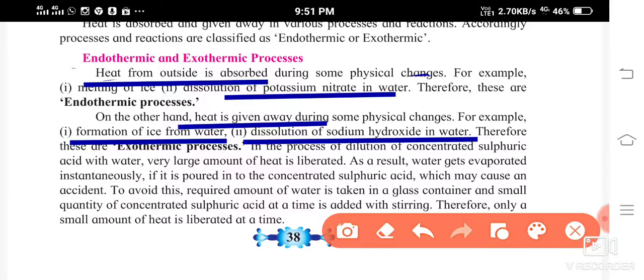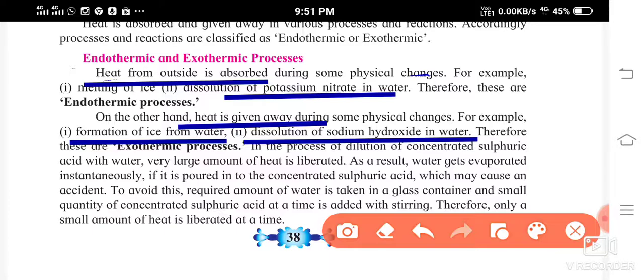When you add water to sodium hydroxide in a test tube, you will observe that the test tube has become hot. You will feel the temperature of the solution has increased. So this is an example of an exothermic reaction.